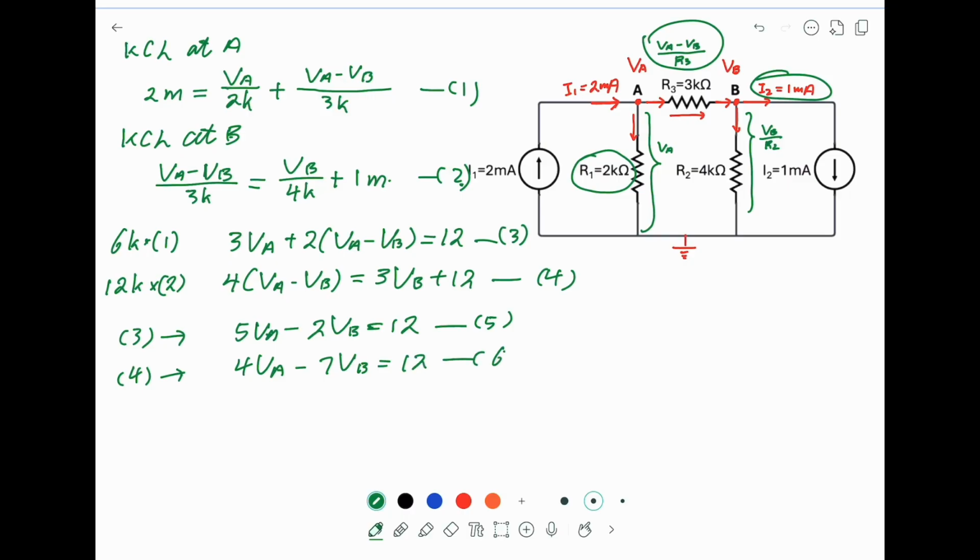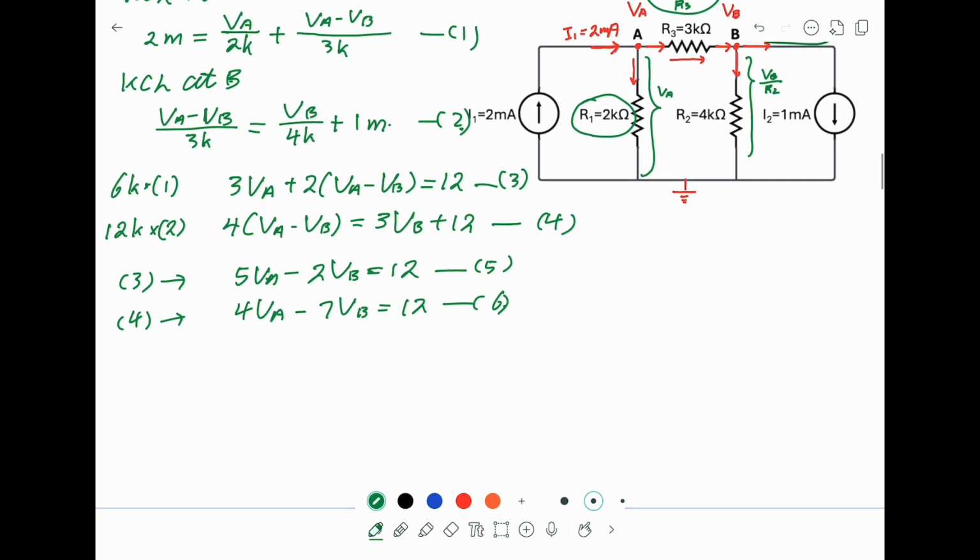This is 6. Now I can eliminate VA or VB. I decided to eliminate VA first. It doesn't matter what method you use as long as you can solve VA and VB. So I do 4 times 5 minus 5 times 6. From here, I can eliminate VA.